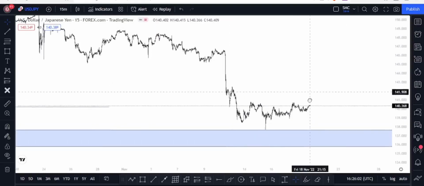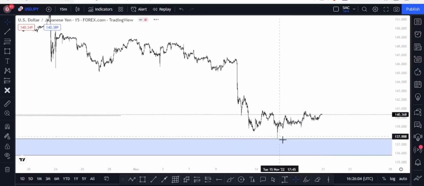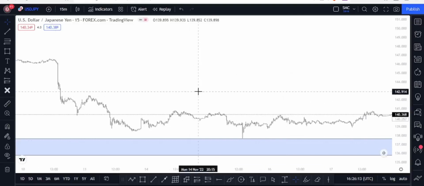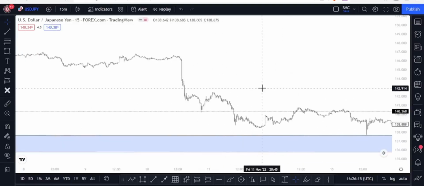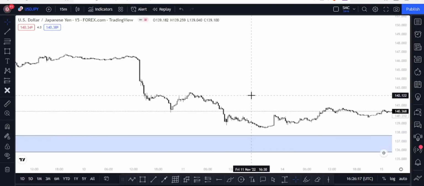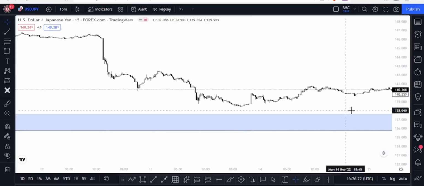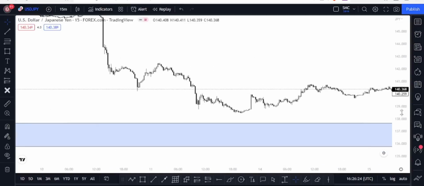Okay, so now take a look. Price has come to tap into our point of interest. For me, I will still be looking for price to go deeper into that point of interest. But nevertheless, let's look at what we have at hand right now.